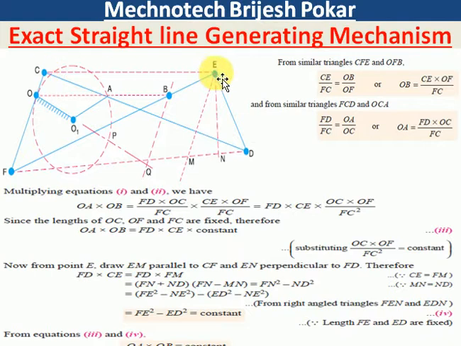So CE upon CF is equal to OB upon OF. By this way we have one equation, OB is equal to CE into OF upon FC.